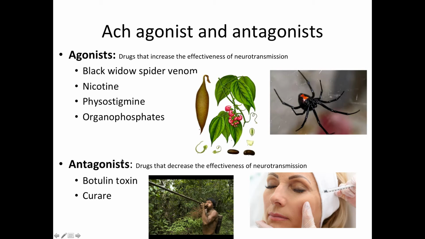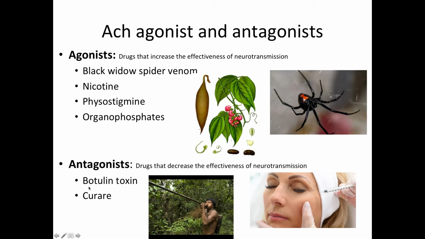So the following two are antagonists: botulinum toxin and curare. Curare is a poison extracted from a South American plant, and it blocks cholinergic receptors and prevents acetylcholine from having an effect. Large doses can stop movements and breathing.